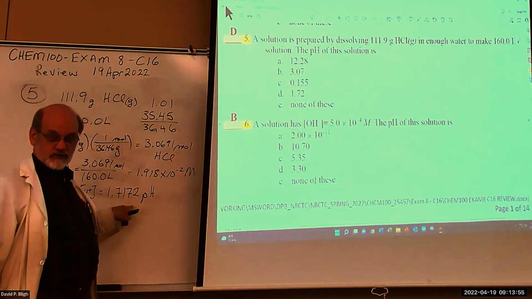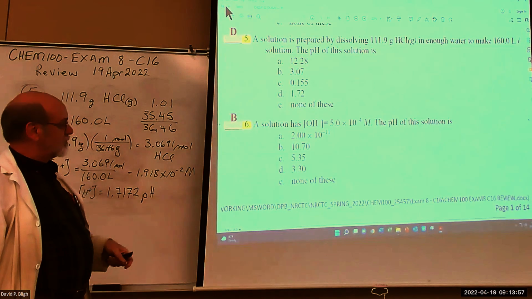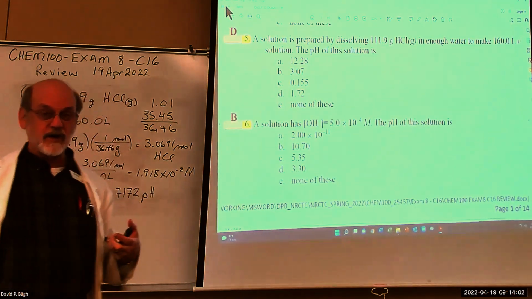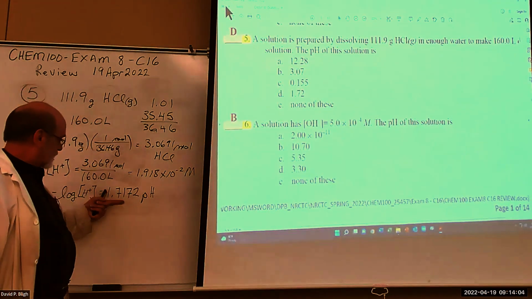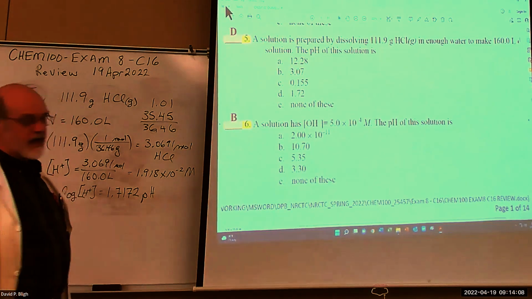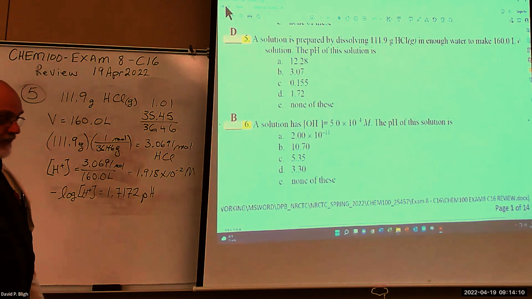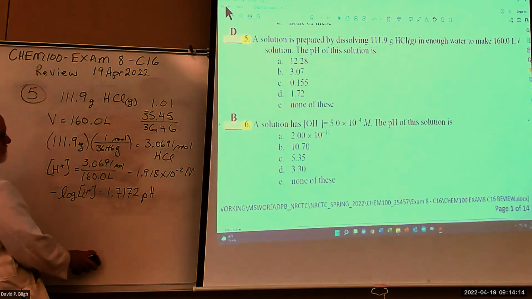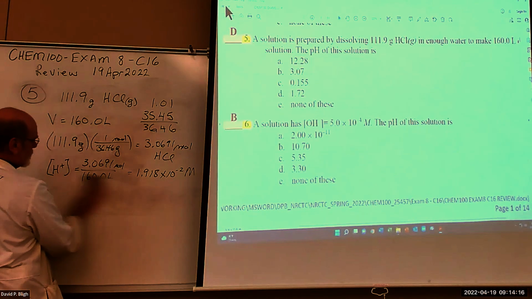So this is truly the answer. Best answer is 1.72, but you could make an argument that E would be the correct answer because it's not strictly speaking that value. So you have it open there for an argument if you want to make one. Okay, that was 5.